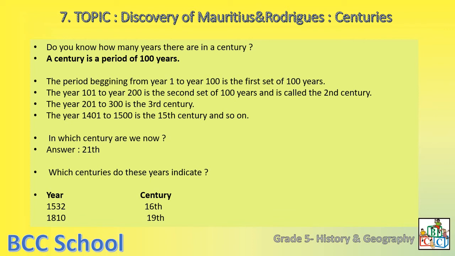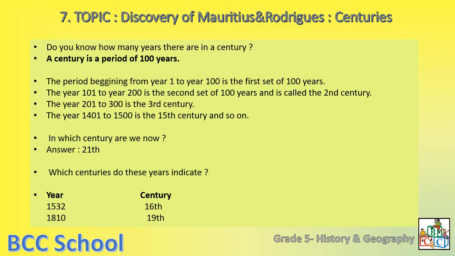The period beginning from year 1 to year 100 is the first set of 100 years. The year 101 to year 200 is the second set of 100 years and is called the second century.